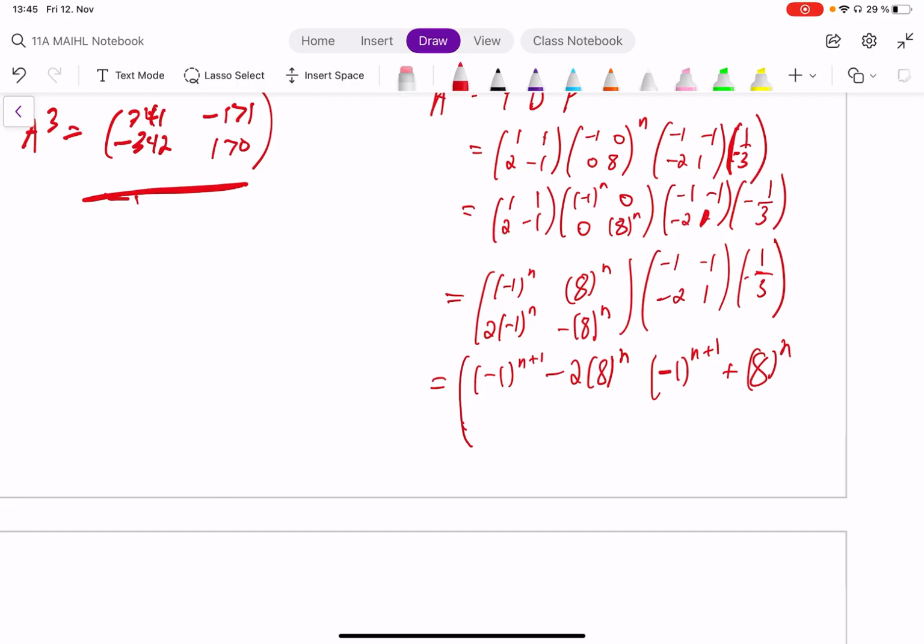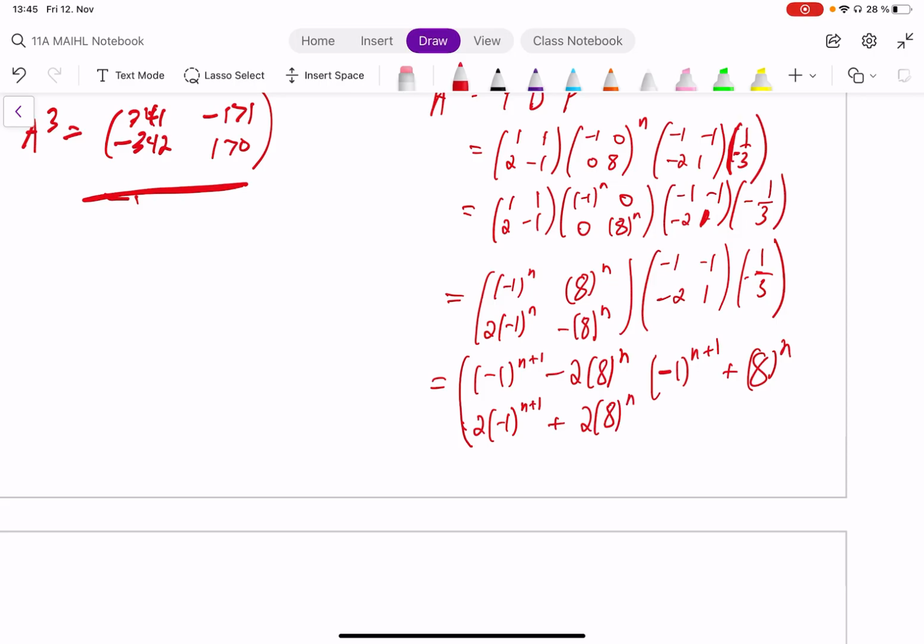And then now I need to figure out my second row. So it would be row 2 times column 1, which will be 2 times negative 1 to the n plus 1, plus, and this time it's going to be plus because it's a negative and a negative, so plus 2 times 8 to the n.